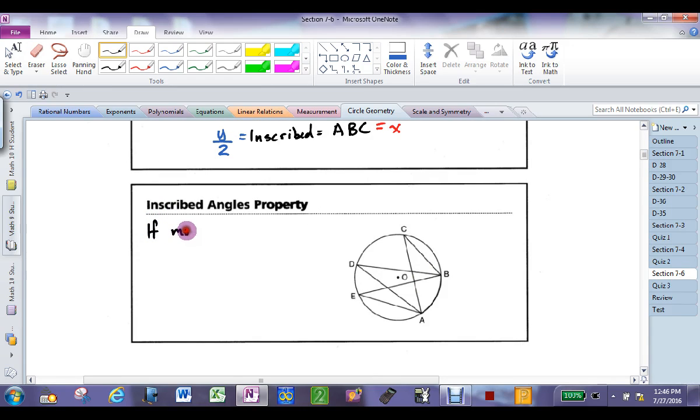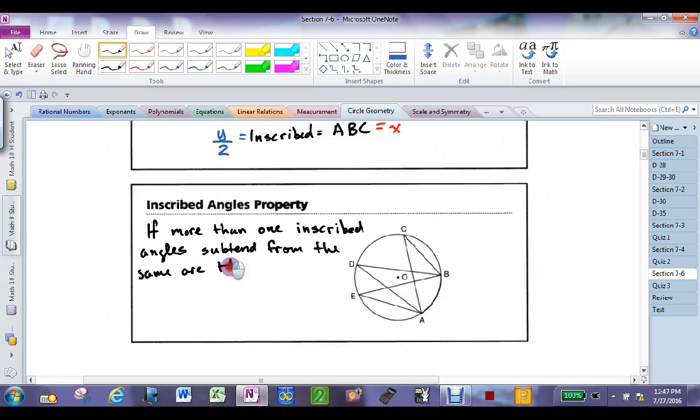If more than one inscribed angle subtends from the same arc, then those angles are all equal. Which we just proved, yes?